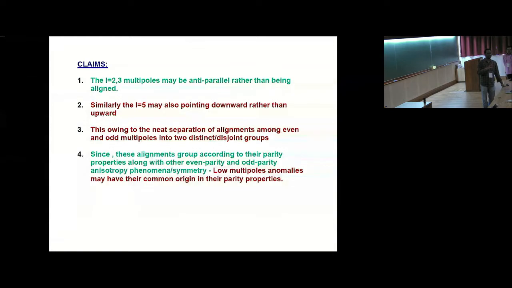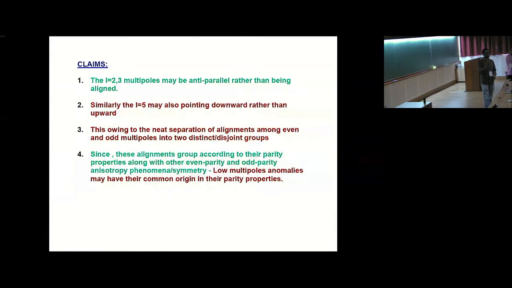We don't know an explanation. So I tried to identify from the data whether there is any common origin, and probably we have to look at the parity properties of low multipoles, as the origin probably lies in that. What you said about the ISW effect, I'm not sure whether it induces any parity. I don't think it induces any parity-like phenomena.